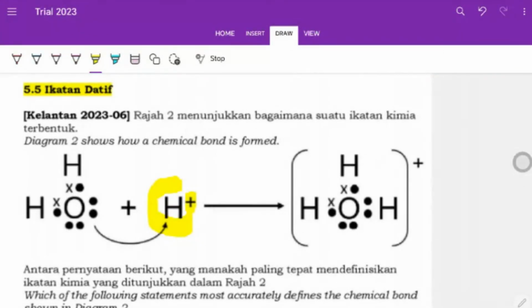It released the electrons already. When it combines with this, the 2 electrons are totally contributed by the oxygen from the water. So it forms a dative bond. This is the dative bond.